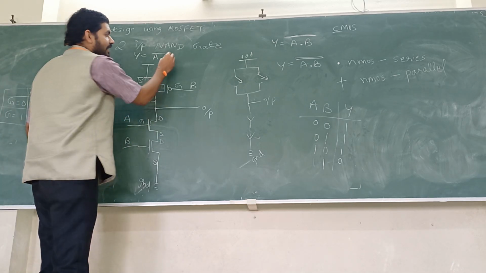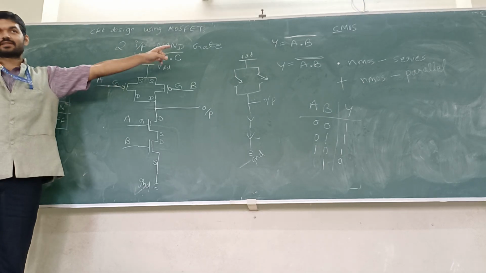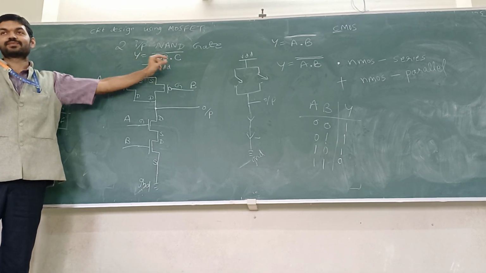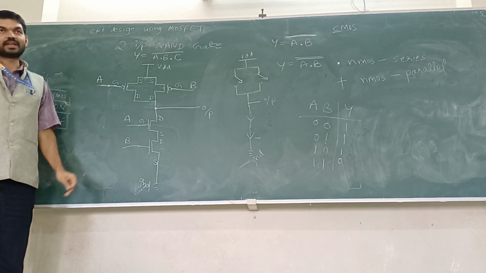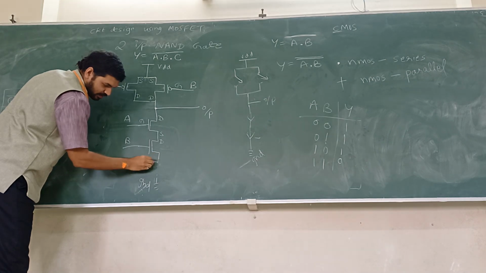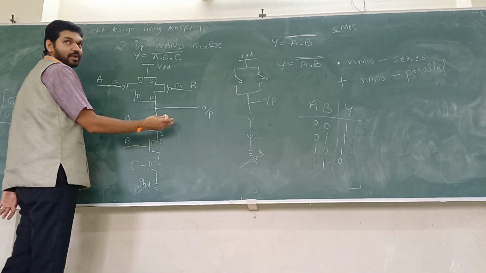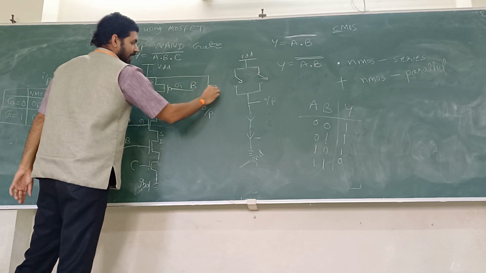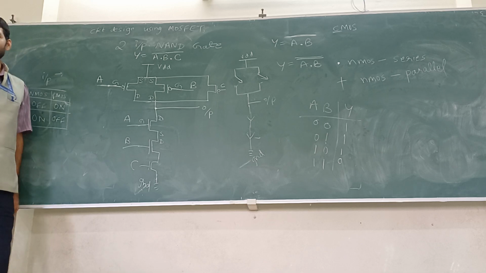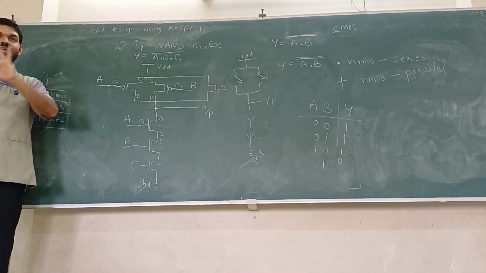The equation will be A dot B dot C whole bar. NMOS is in series, so I'll take one more NMOS and connect it in series. I'll call it C. I'll take one more PMOS and connect it in parallel. I'll call it C. Done. This is the design of a 3 input NAND gate.